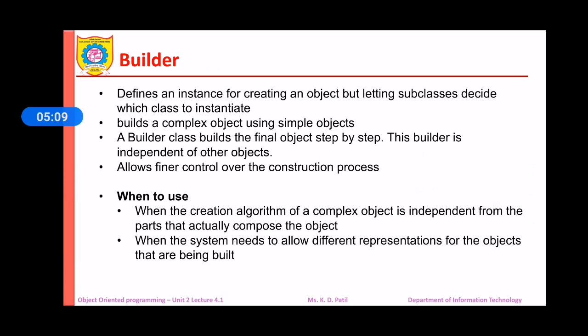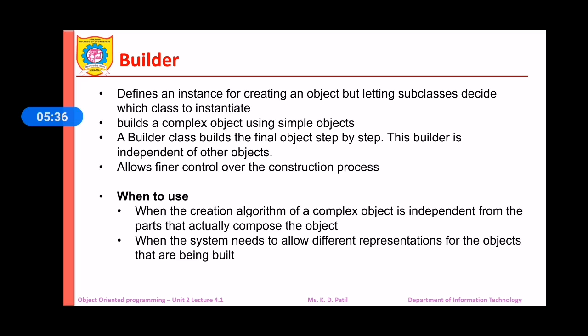Then the next method is builder method. It defines an interface for creating an object, but it lets the subclasses decide which class to instantiate, that is whose object shall be created. The builder class builds a complex object using simple objects. A builder class builds the final object step by step. The builder is independent of other objects.